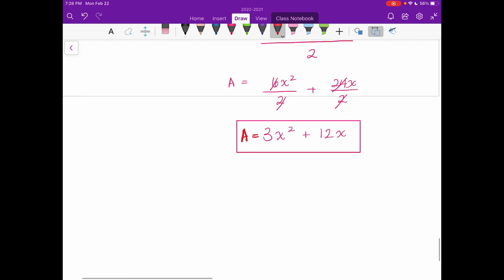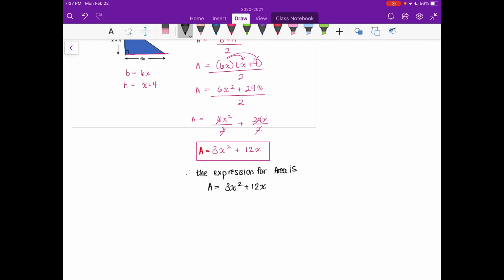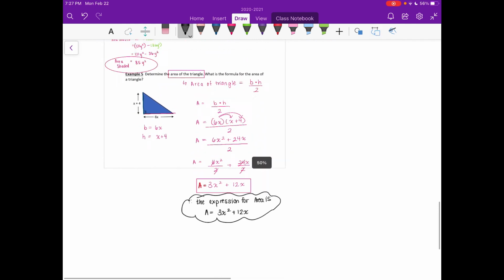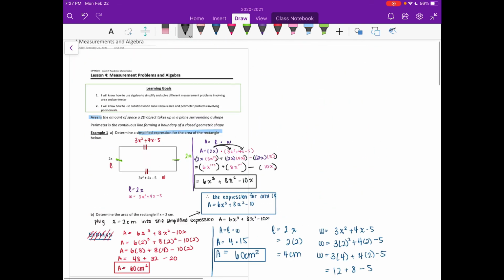And then I'm going to write at the end, therefore, the expression for area is area equals 3x squared plus 12x. And that is my answer, right? And I usually just write this little cloud around it so that my teacher knows where to find the answer.